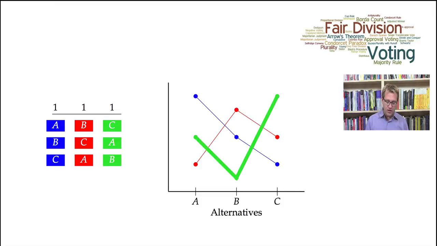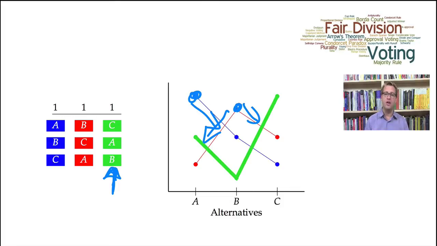Well, what you can notice is that the green voter's preferences look different than the other two. The other two have a single peak, and all of the other values fall away from that single peak, or the preference values slope away from some single peak.